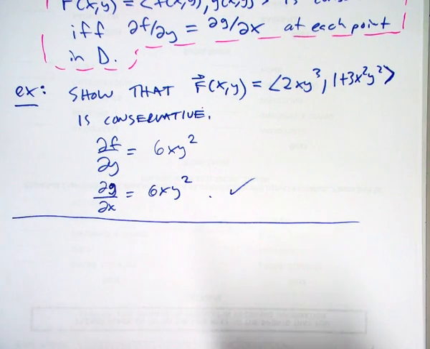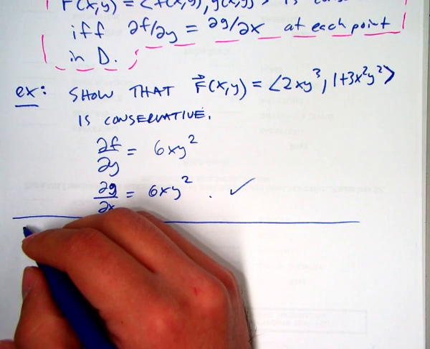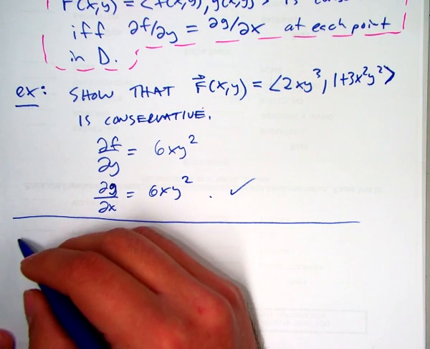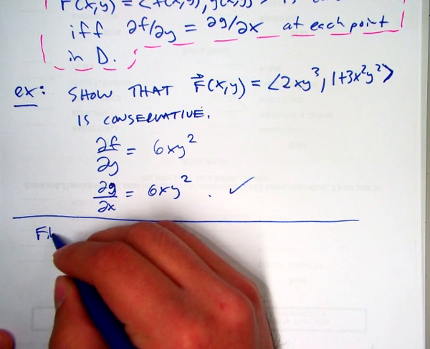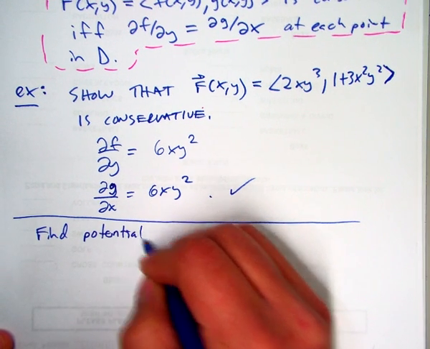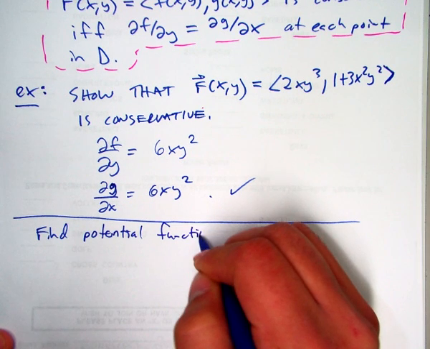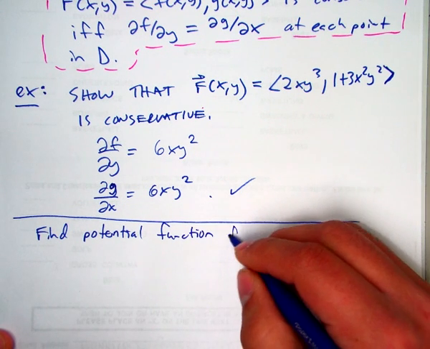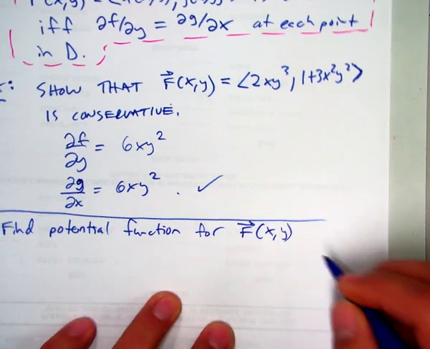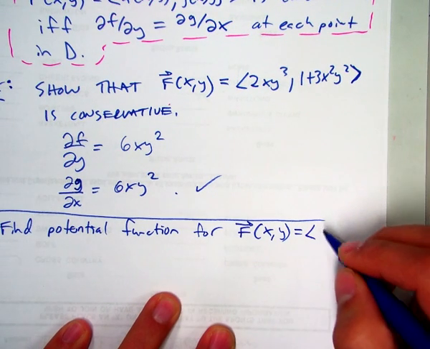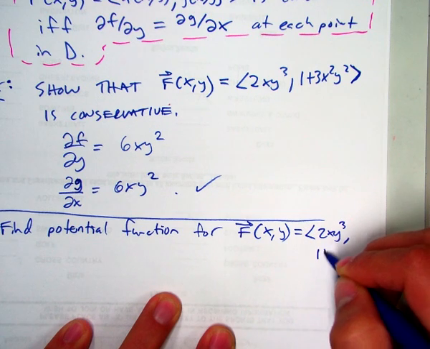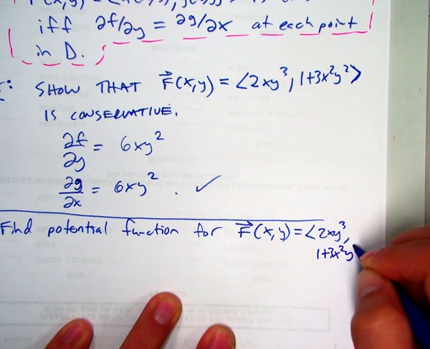Now, let's actually find a potential function. So continue the last example. Find the potential function for the vector field 2xy cubed, 1 plus 3x squared y squared.